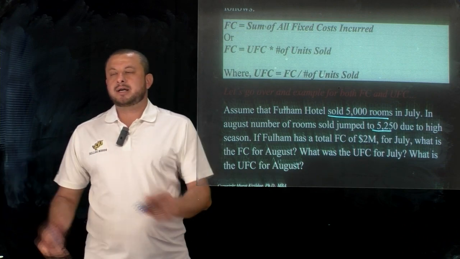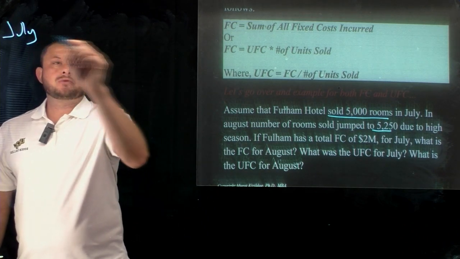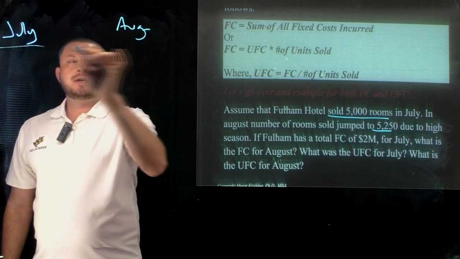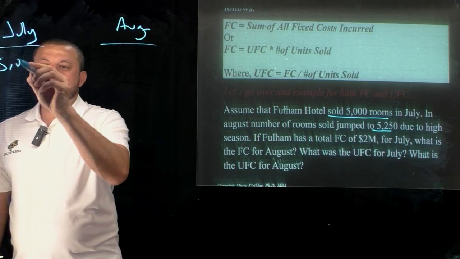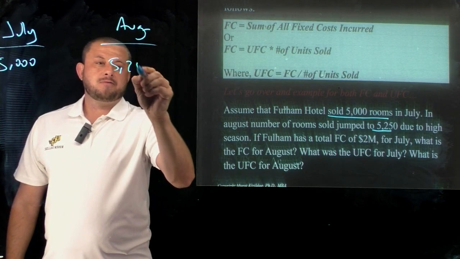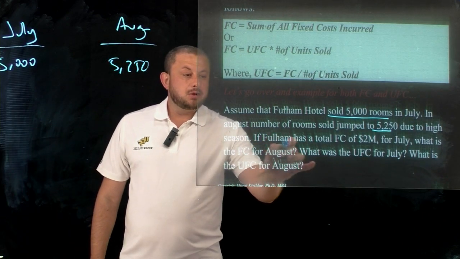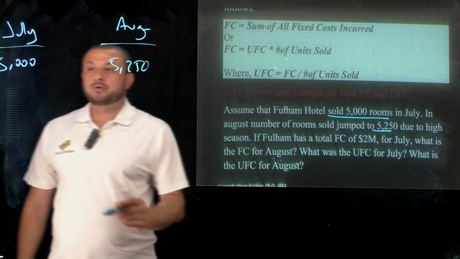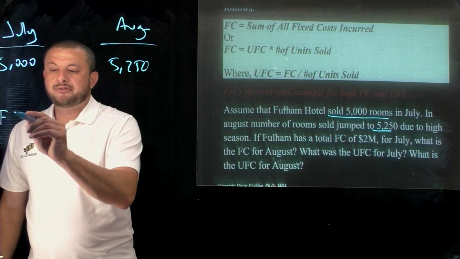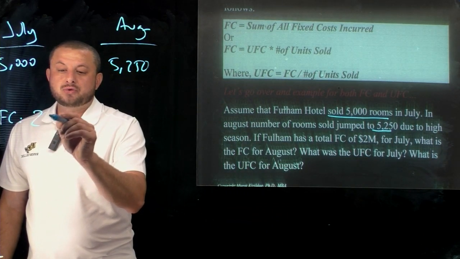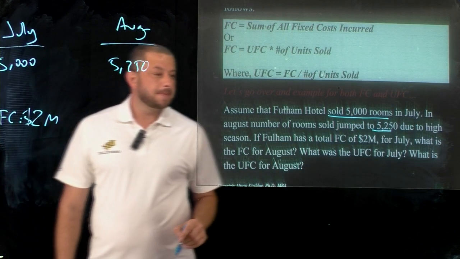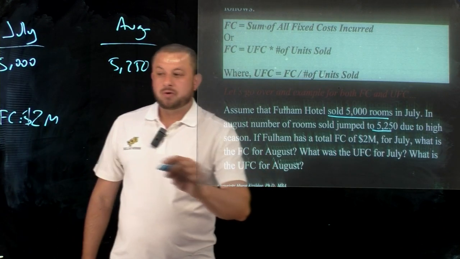So in July we had 5,000 rooms, but now we have sold 5,250. If Fulham has a total fixed cost of $2 million, what is the fixed cost for August?